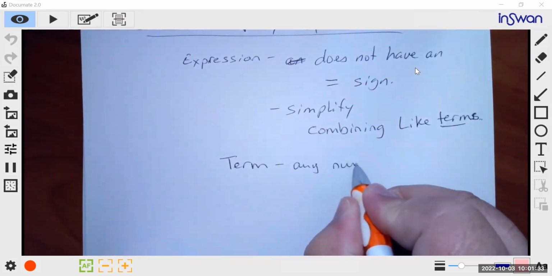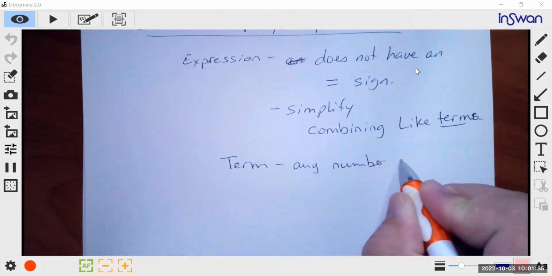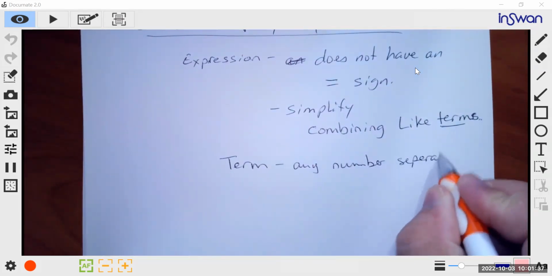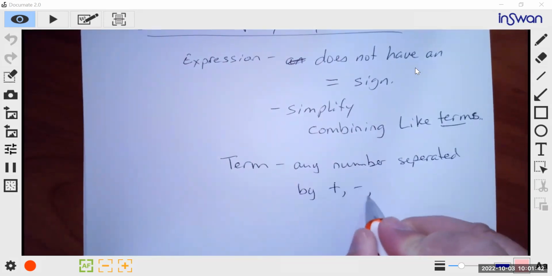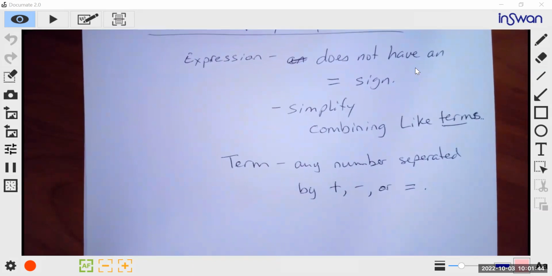Any number separated by plus, minus, or equals.